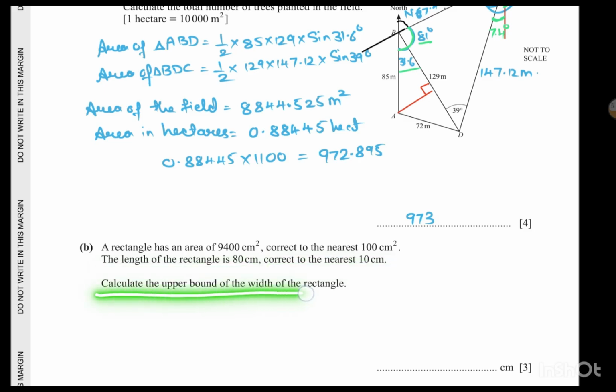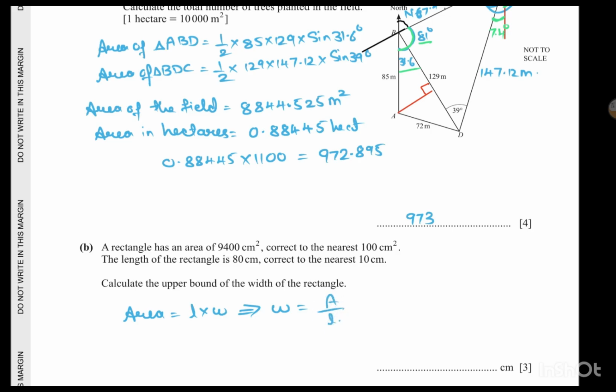Calculate the upper bound of the width of the rectangle. So first let me show you. Area of the rectangle is length multiplied by width or breadth. So let me write W. So this gives you W as area divided by length.